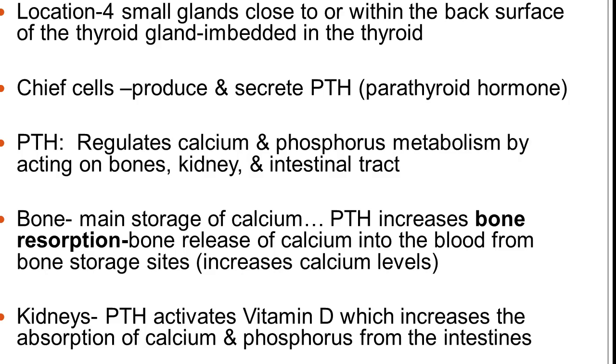But I wanted to remind you that without normal functioning kidneys, it cannot go through this process of increasing the absorption of calcium and phosphorus, okay? And this is why our patients with renal failure have problems with these two particular minerals, okay?